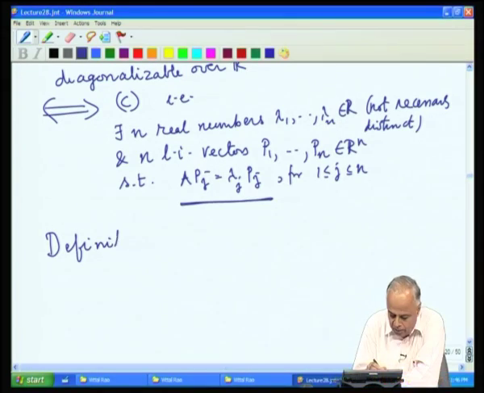In other words, the direction remains invariant under A. So, p 1, p 2, ..., p n tell us n directions which remain unchanged when acted upon by A. They remain the same direction, but the vectors may change in their length. The magnitude or the scaling factor lambda j may come into the picture. So, we are looking for vectors which are invariant in direction under the action of A. This leads us to the notion of eigenvalues and eigenvectors.